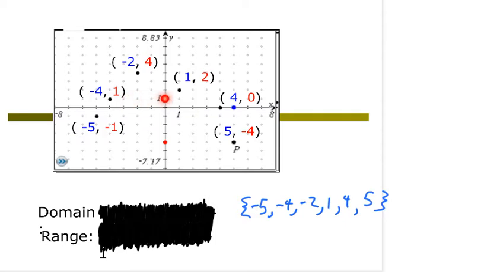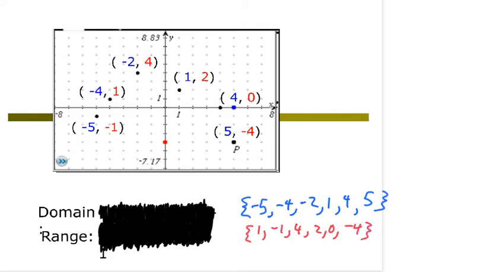But were we to describe that, this set of discrete, unconnected points, the set of non-continuous points, would be the set containing 1, -1, 4, 2, 0, and -4. And we could put those numbers in order if we'd like to, but at this stage it's not really necessary.